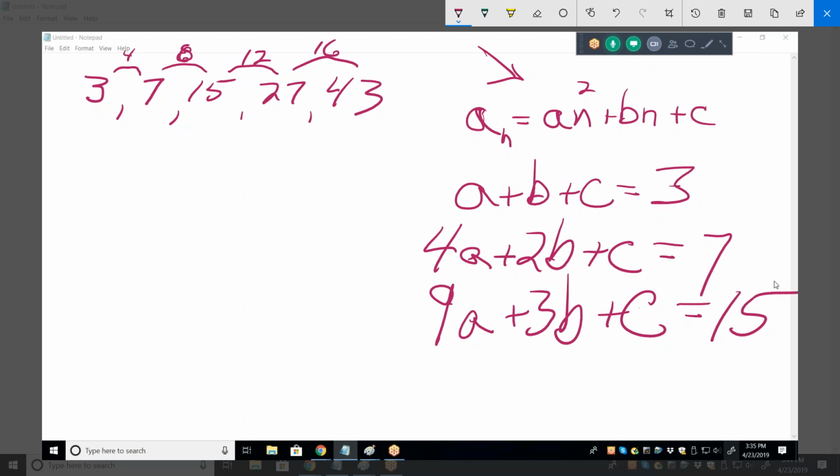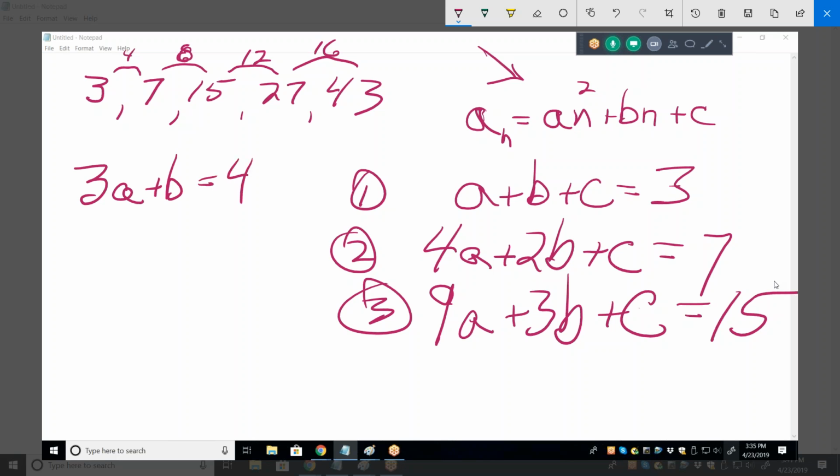All right, so let's see. Let me label these things. So I'm going to start 2 minus 1. So that gives me 3a plus b equals 4, correct? Now I'm going to do 3 minus 2, which gives me 5a plus b equals 8.